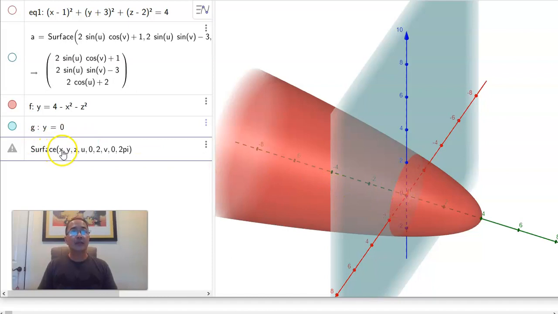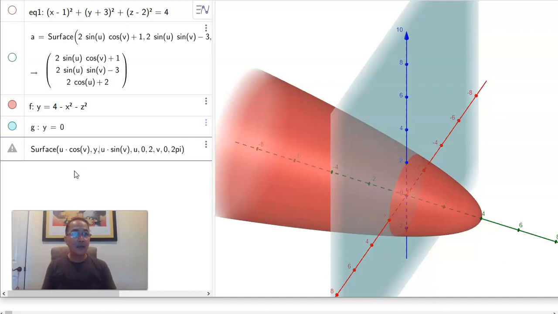Okay, so we can choose x to be u cosine v, and not times but parenthesis, and it is z that will be u times sine of v. Okay, because our domain is on the xz plane.